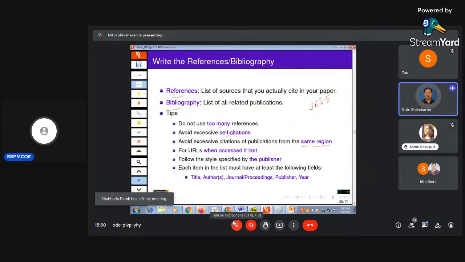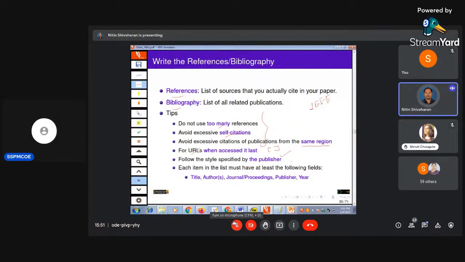When you are referencing a URL, you have to put the access date, the date on which you accessed that particular website. Follow the style specified by the publisher; these are the general guidelines, or one can adopt the guidelines suggested by the publisher while writing the references and bibliography.